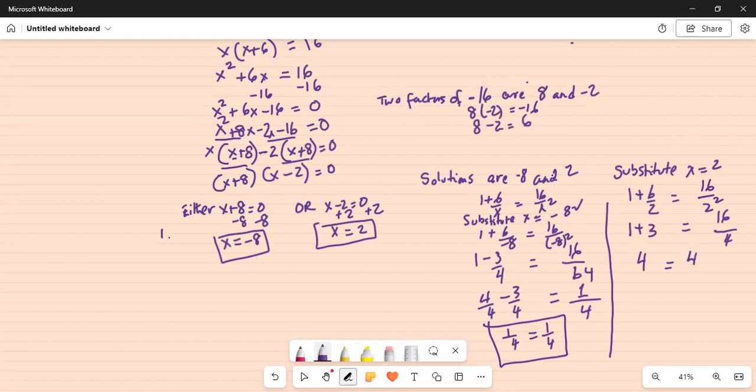So this also checks out. So bottom line, both are solutions, minus 8 and 2.